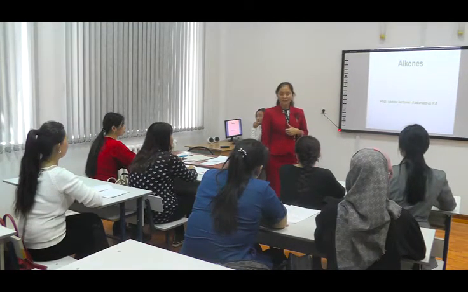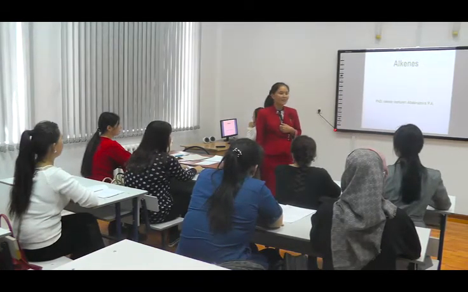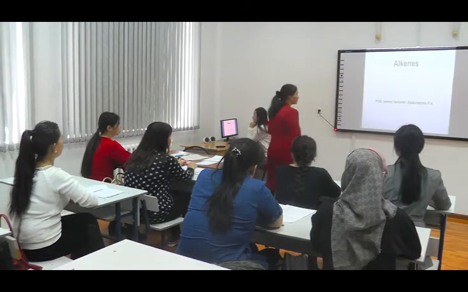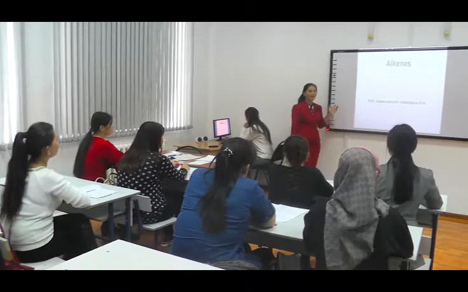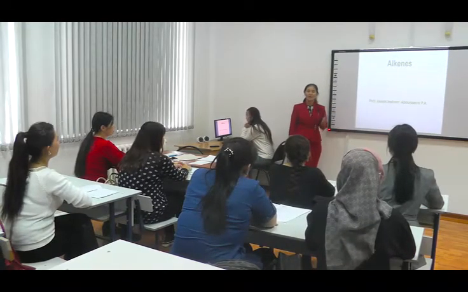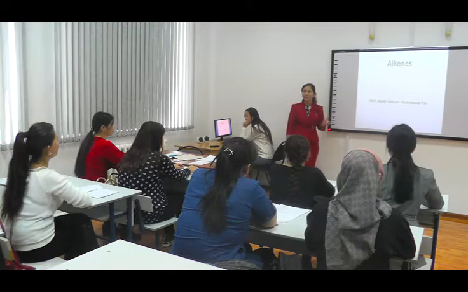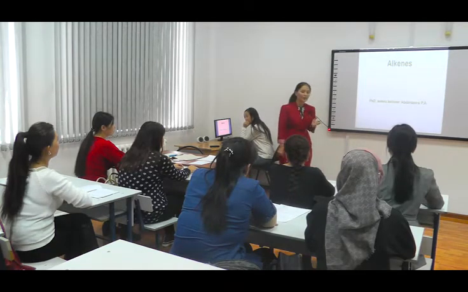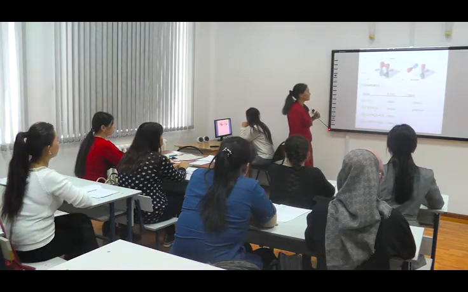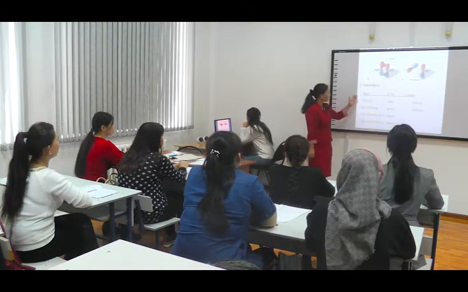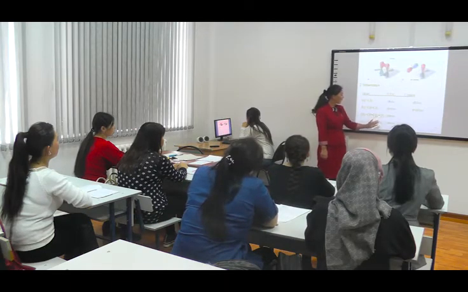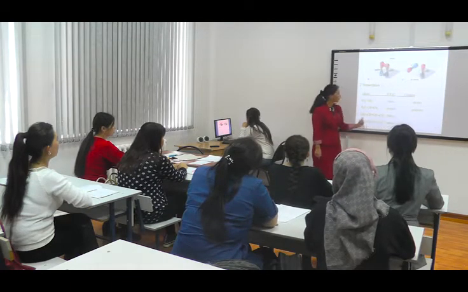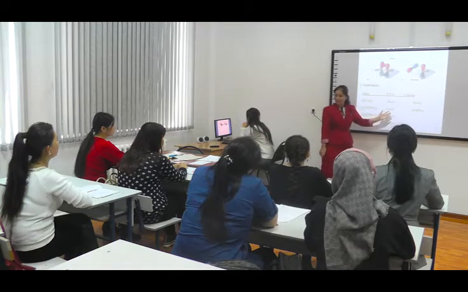As I understand, you have learned all these things. The topic of today is alkenes: nomenclature, naming, isomers, and chemical and physical properties. Nomenclature of alkenes: alkane, ethane, propane, butane, 2-butene, ethylene, propylene.